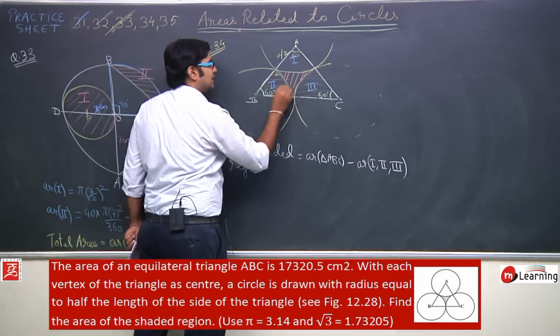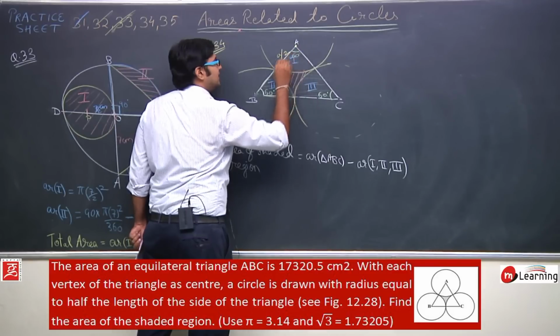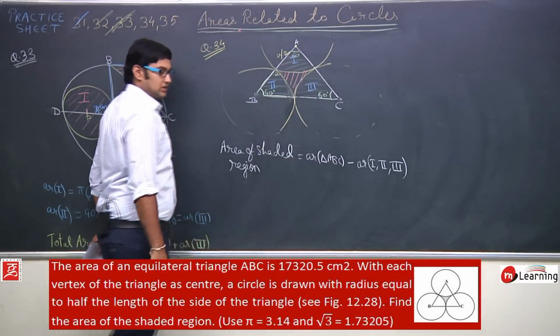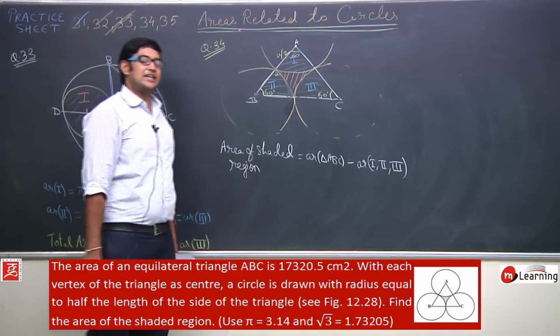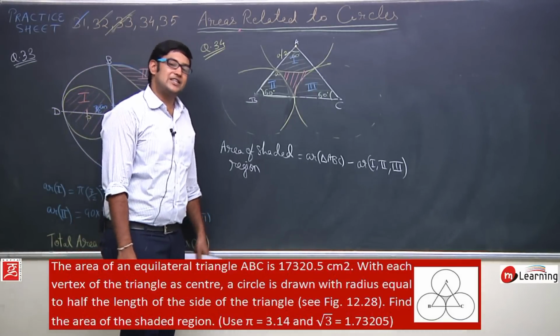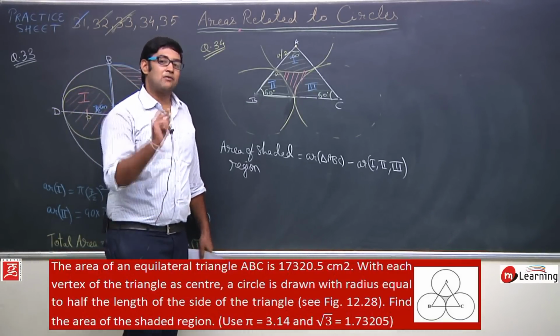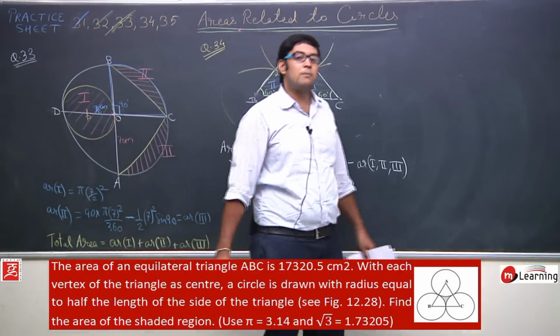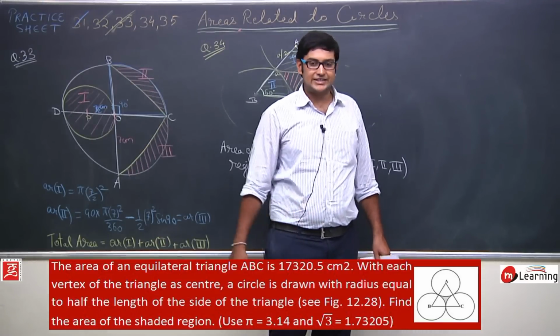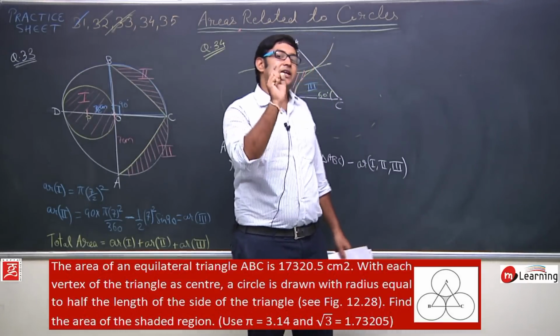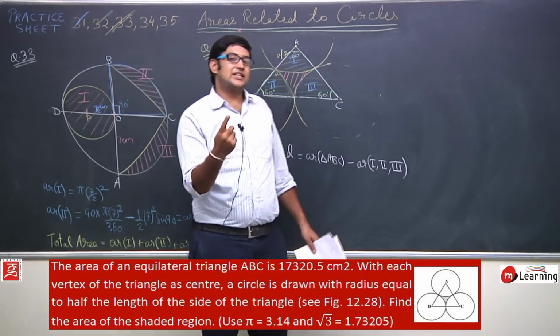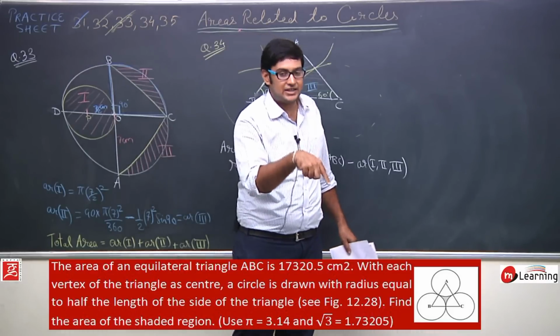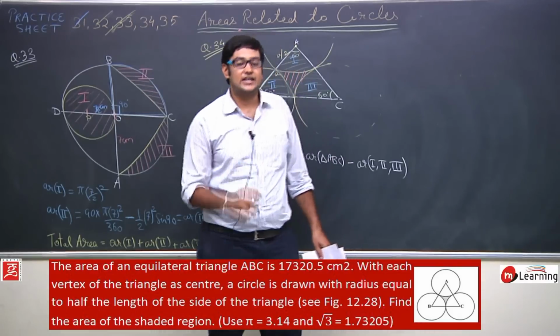So these three are sectors of three different circles, but the areas of these three sectors will be equal. Why? Because the area of a sector is equal to theta into pi r squared upon 360. So the area of a sector depends on two things: first, the angle subtended at the center, and second, the radius.